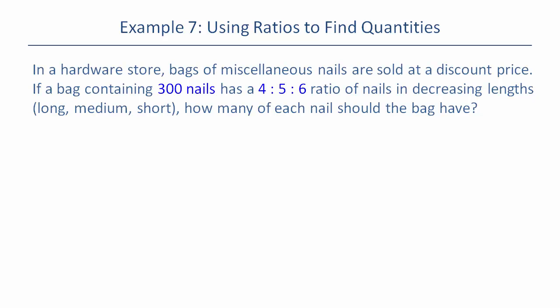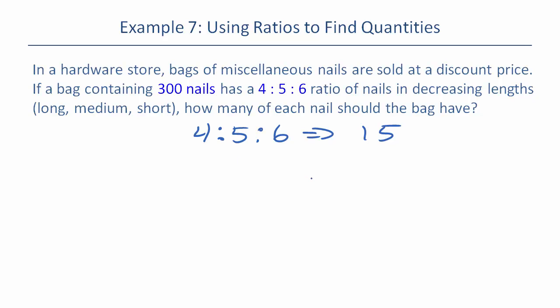But I like the idea of thinking about multipliers. Because if we start with our original ratio of 4 to 5 to 6, we know that that would give us a total of 15 nails, right? 4 plus 5 plus 6 is just 15.